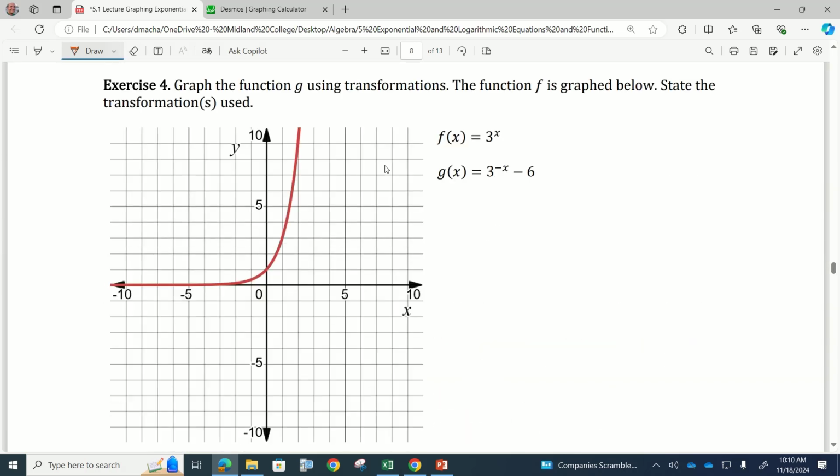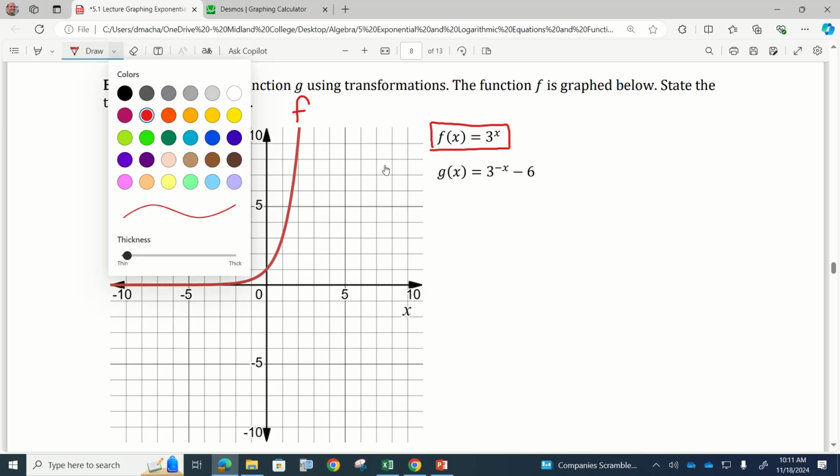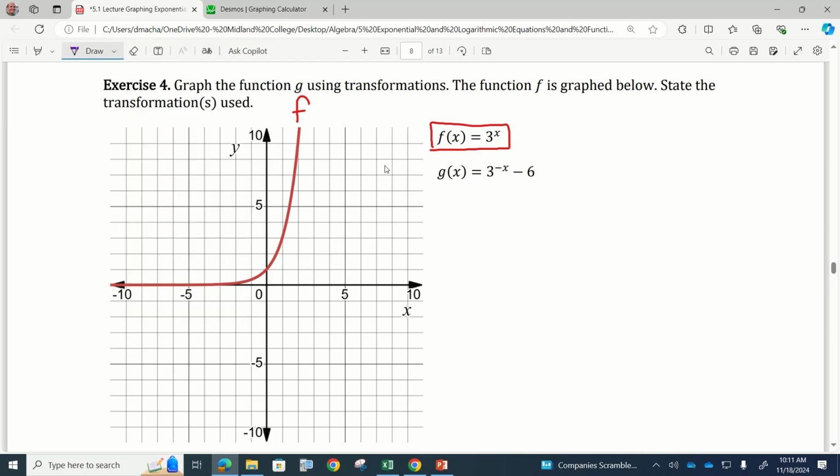To make it easier, we could do some of these problems where I've given you this function f, and now I want to plot a new function, g. What's the first step I should do if I want to plot this g function?